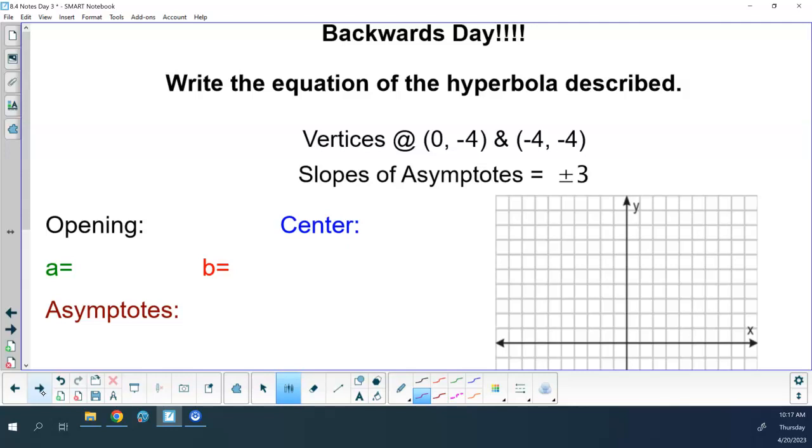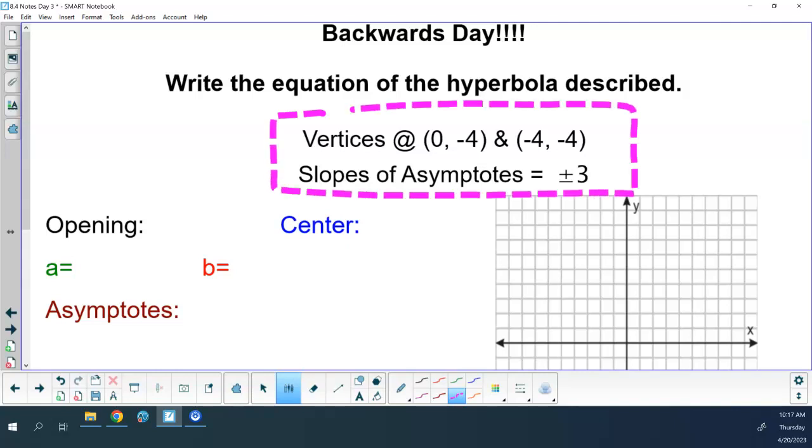So I want the equation of the hyperbola described, and here are the descriptions that I gave you. This is all that I'm giving you, and out of all of that, I want you to give me the equation of the hyperbola. Okay.